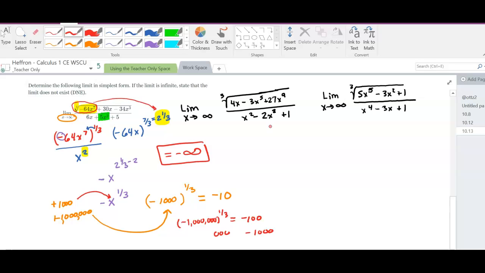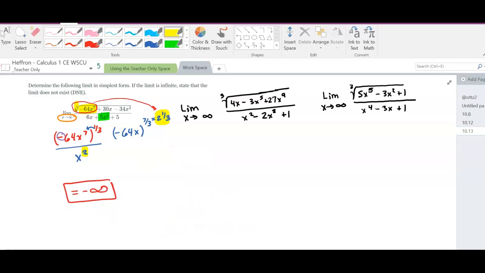Now we're going to move on to this next example. Again, we're looking for the largest power in the numerator, but remember that radical matters. And in the denominator, this is supposed to be a 3. Looks like this is the largest. So we have 27 x to the 9th all to the 1/3, or the cube root, over negative 2x cubed.